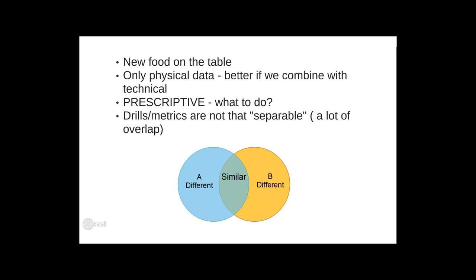If we can also plug in technical aspects, or maybe in the near future also the decision making that's happening inside the drill, we can maybe cluster the drills based on cognitive aspects, which ones overload more cognitive, which drills overload more physical.